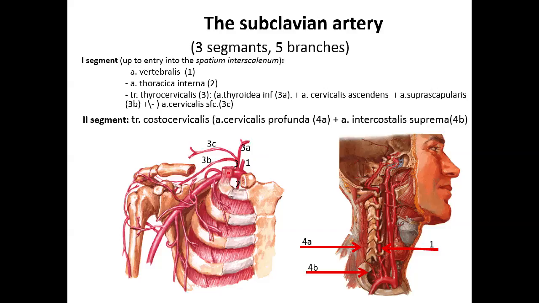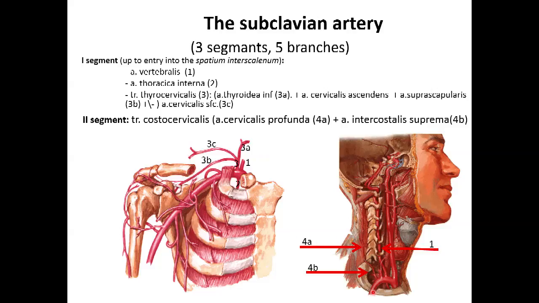Because it is located posteriorly to this muscle, musculus scalenus anterior. That's why we can't see this vessel. But in the right picture, we can find these 2 small vessels, 4A and 4B.